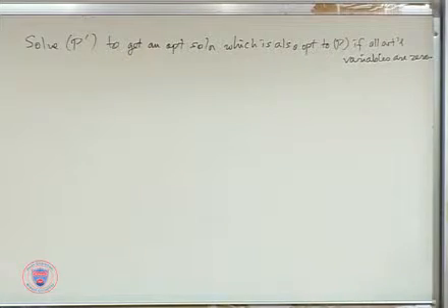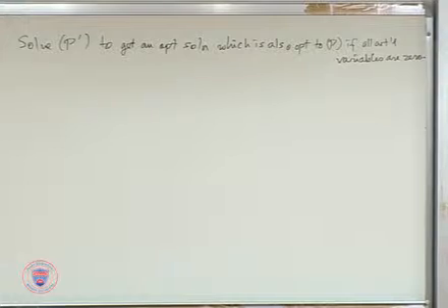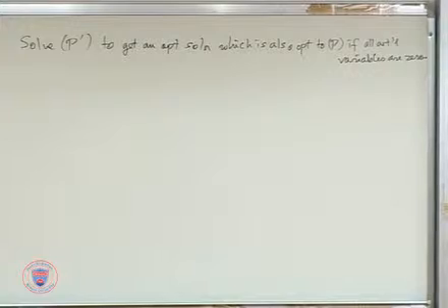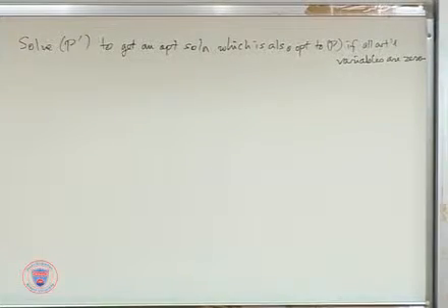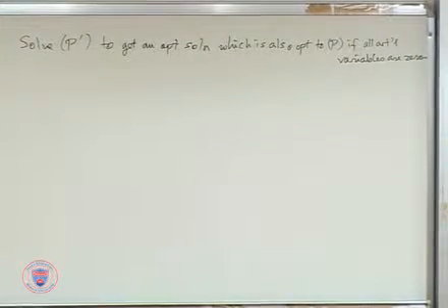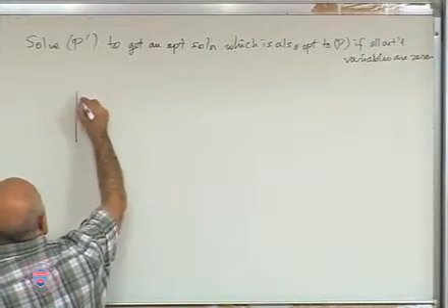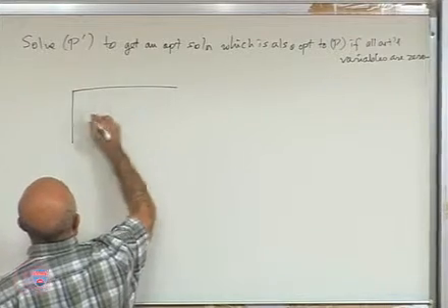which is also optimal to the original problem if all artificial variables are 0. If it is the case that at least one artificial variable is positive, that means the new problem has an optimal solution, but the original problem is infeasible. It does not admit a feasible solution. Okay, make a note of that. So, we begin with the following tableau.